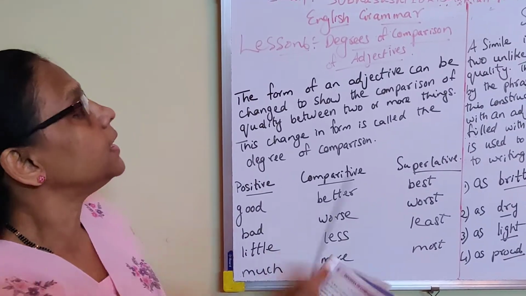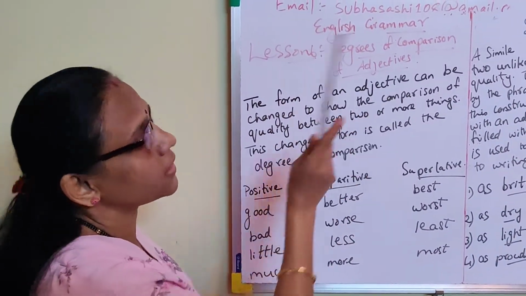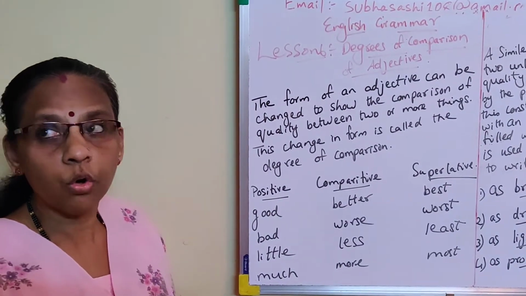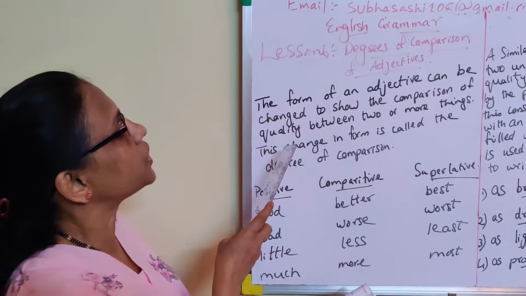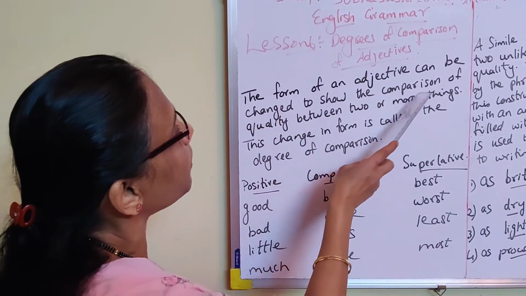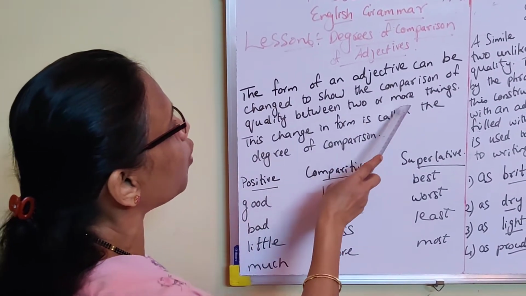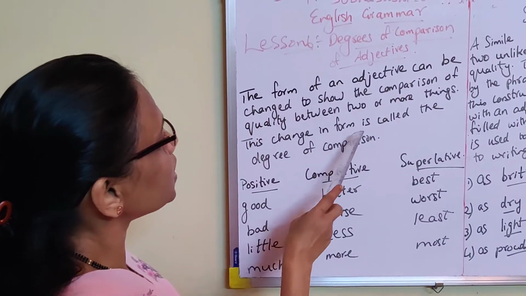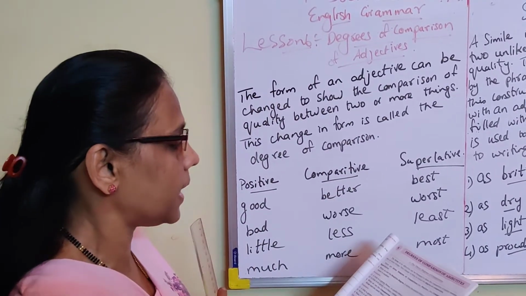Today is degrees of comparison of adjectives. So here I have given the definition. The form of an adjective can be changed to show the comparison of quality between two or more things. This change in form is called the degree of comparison.